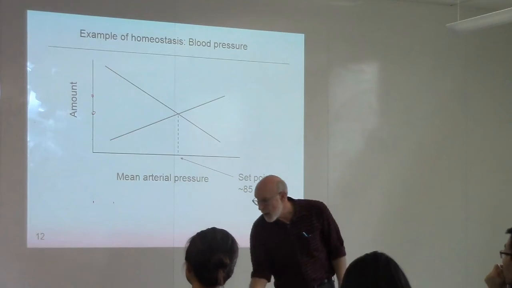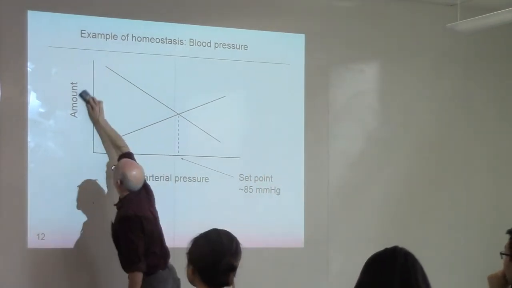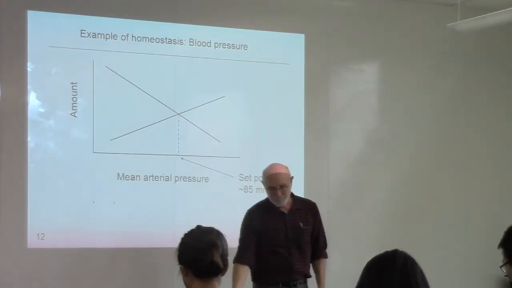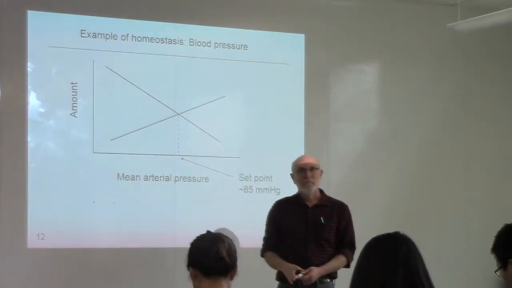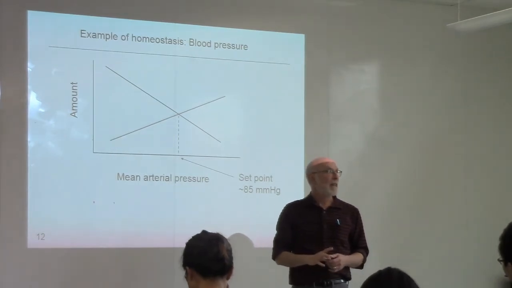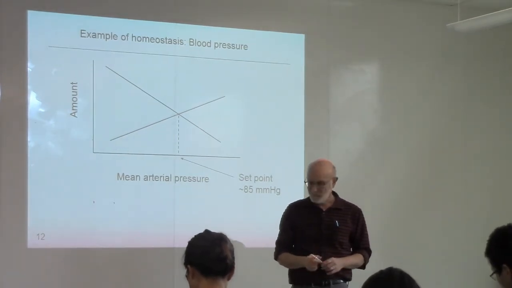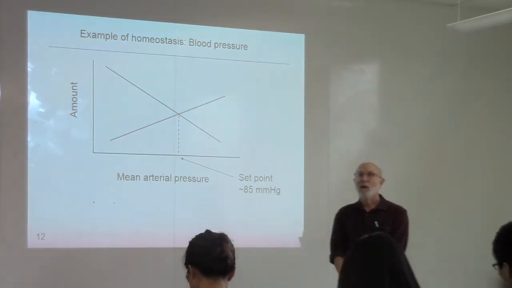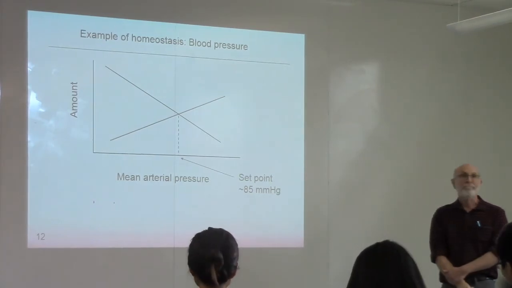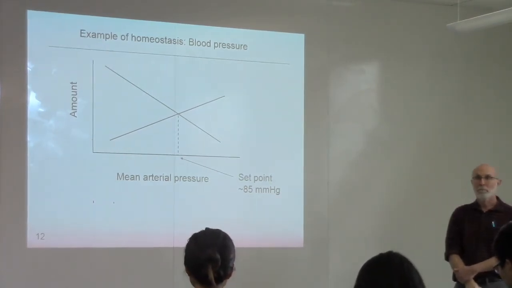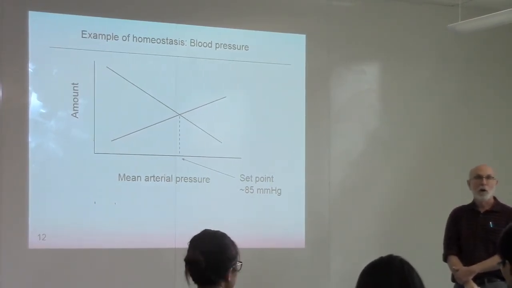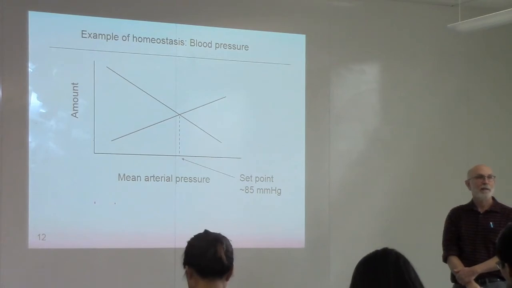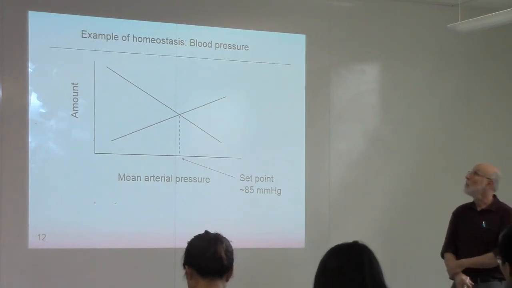So let's talk about mean arterial pressure. What system am I thinking about here? Okay, renal is going to be part of it. Cardiovascular is clearly going to be part of this, controlling the blood pressure.